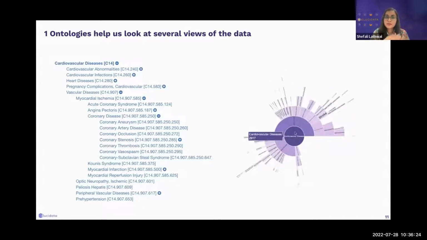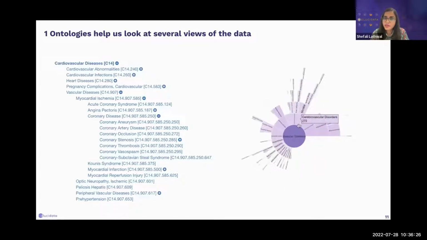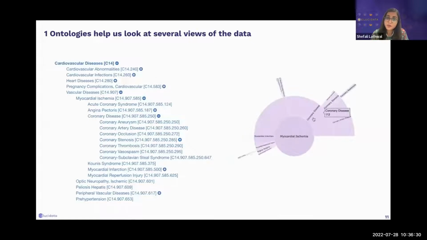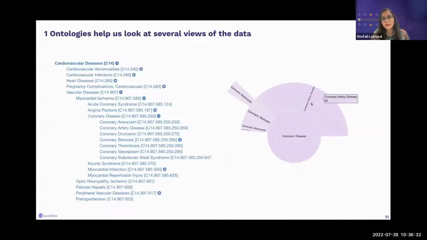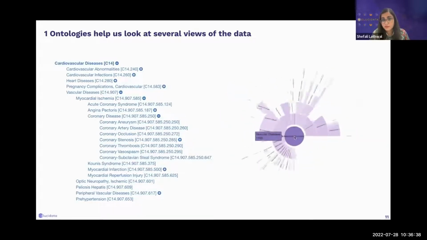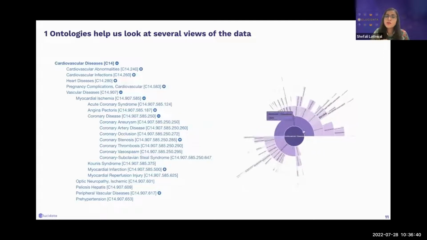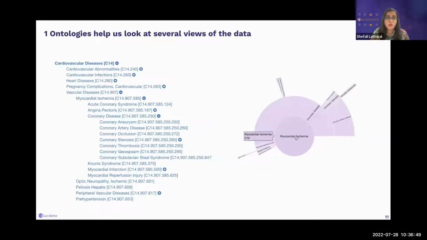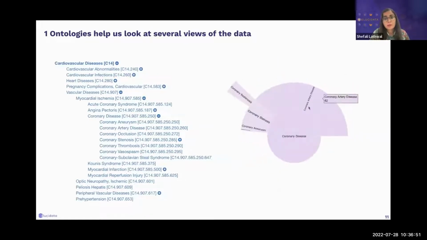And once we've used this disease ontology to curate our metadata, we can look at a high-level view of the data, which means that we can look at all the data that we have related to all types of cardiovascular diseases, which would include all of the subtypes, as well as a more granular view, where we can specifically look at only coronary diseases or myocardial infarctions, depending on our use case.